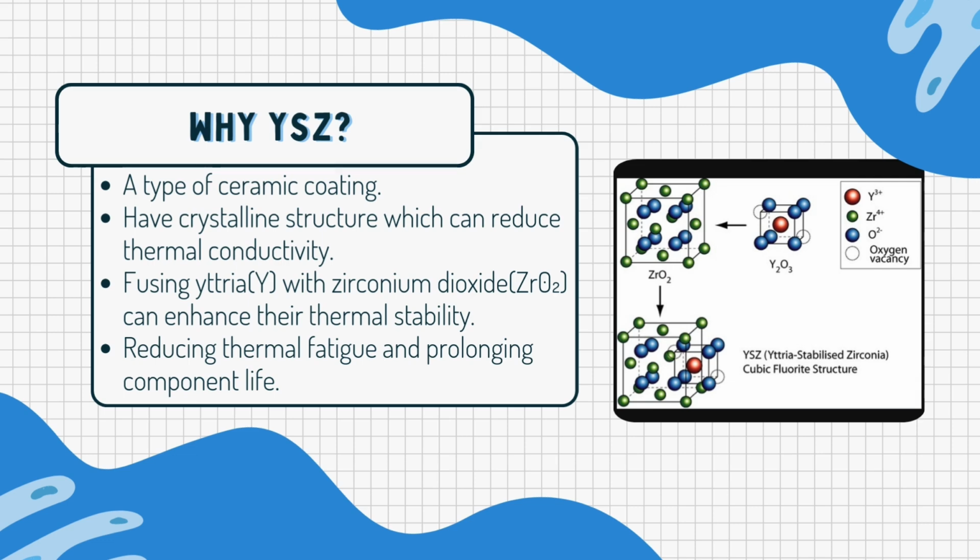Because yttria stabilized zirconia is a type of ceramic coating which has a crystalline structure that can reduce thermal conductivity by fusing yttria with zirconium dioxide, which enhances thermal stability. It also reduces thermal fatigue and prolongs component life.